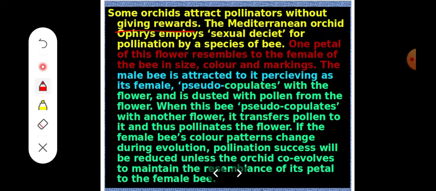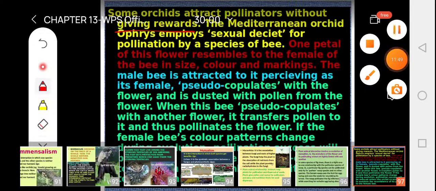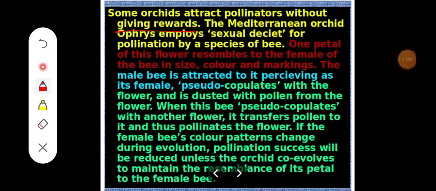So the Mediterranean orchid Ophrys, it is the name of a Mediterranean orchid which is called Ophrys. It will employ sexual deception for pollination by a species of bee, which means that one petal of its flower will bear a resemblance to the female of the bee in size, color and marking.